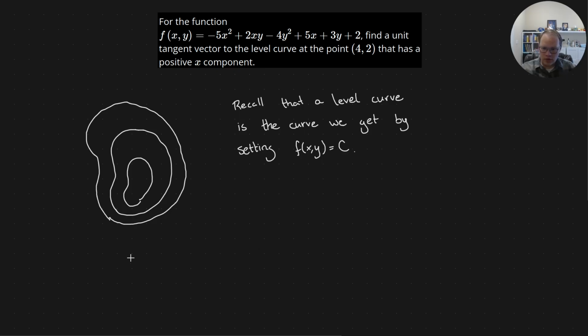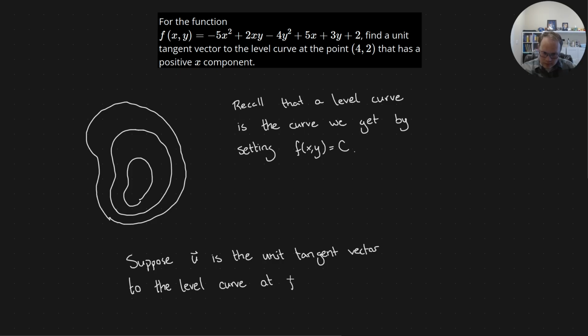So suppose u is the unit tangent vector to the level curve at point 4, 2.